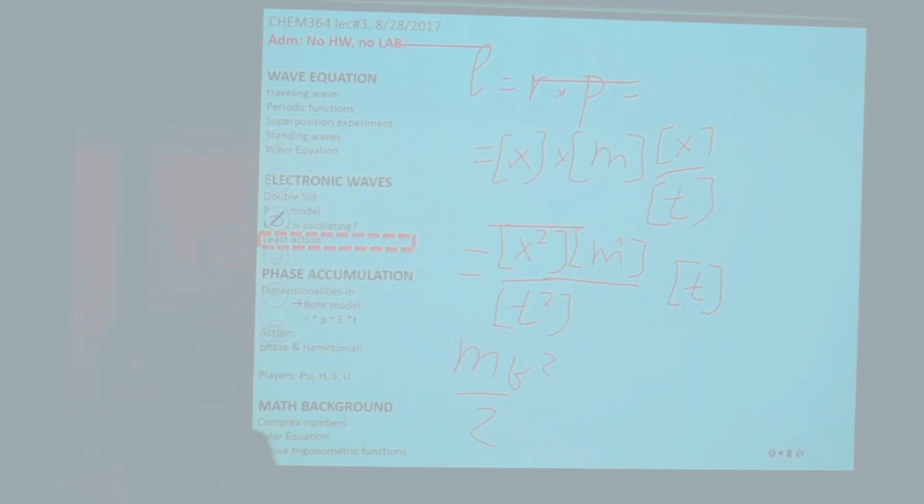So we can identify this term as energy, and this as time. So here is something important. The dimensionality of the stuff that is being quantized in the Bohr model is energy times time, which is the same dimension as action.